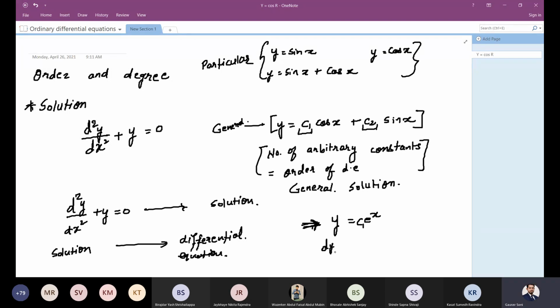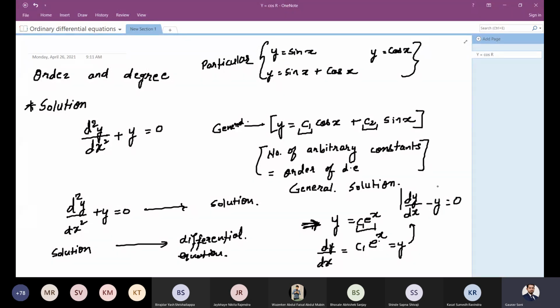So dy by dx is equal to c1 times the derivative of e to the power x, which is e to the power x. But what is c1 e to the power x? The value of c1 e to the power x is y. So from this equation, what I can write is dy by dx minus y is equal to 0.